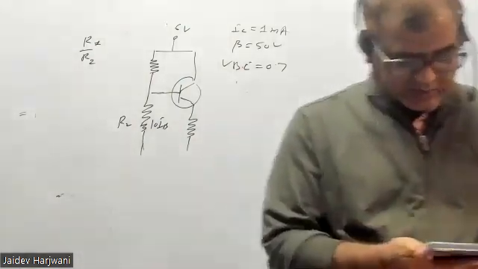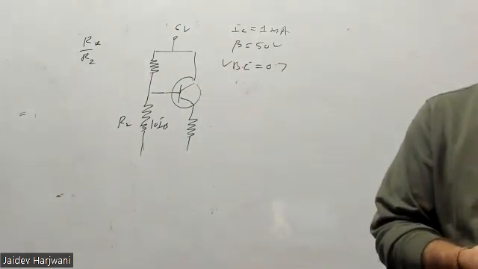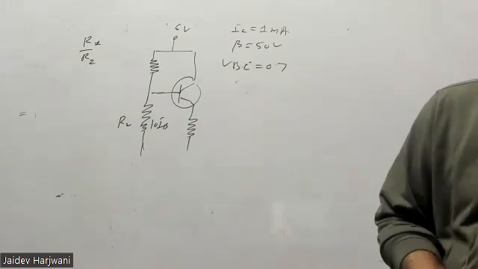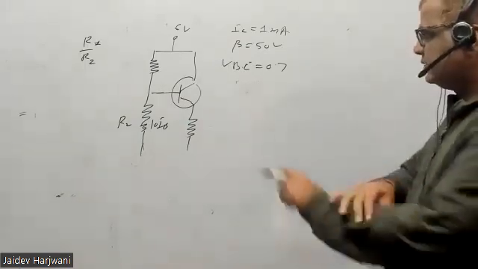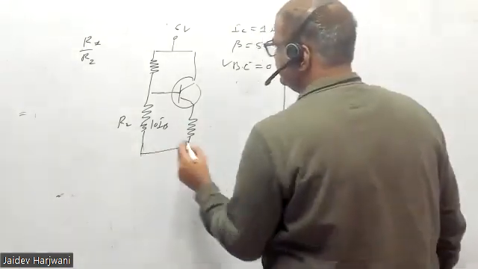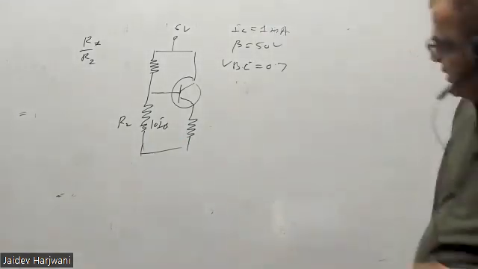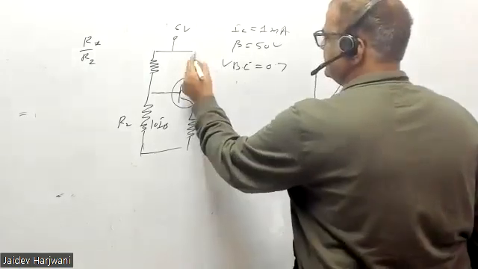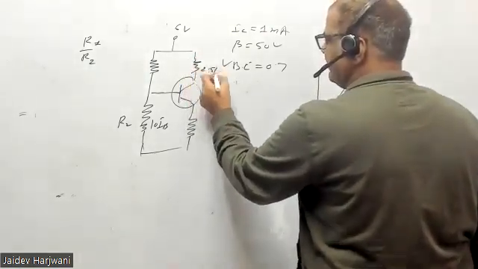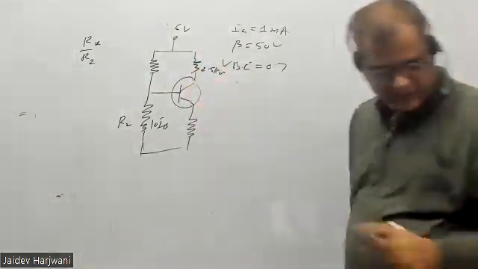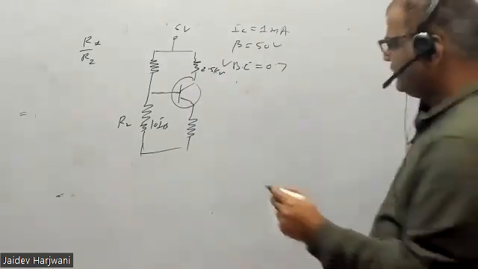Okay, let us solve. Here resistance is 2.5 kilo ohm, here also 2.5 kilo ohm, and here this resistance is given 0.5 kilo ohm.